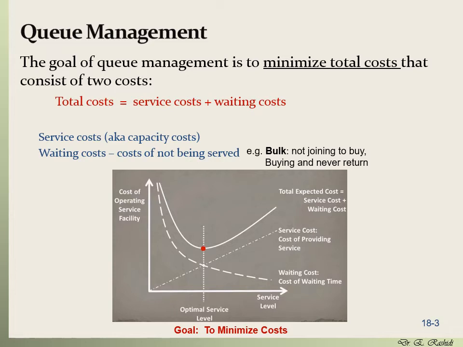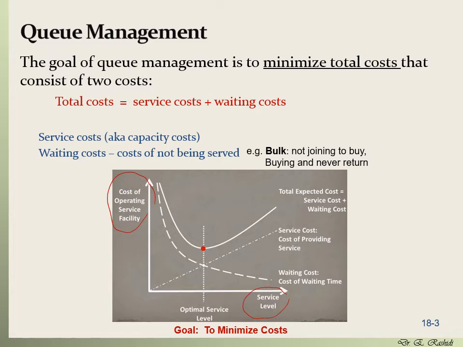So now, to manage a queue based on these two types of costs, we can visualize these costs by breaking down the cost of waiting and the service cost. In this graph, we have the plot here. The service level is on the x-axis, and the cost of operating the service facility is on the y-axis.